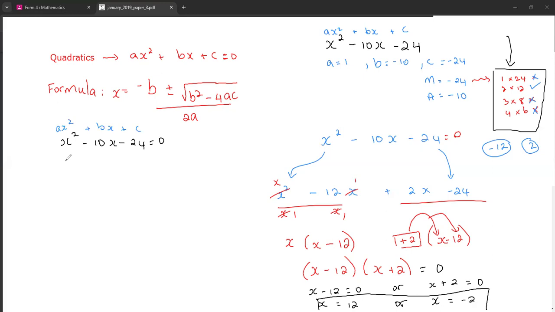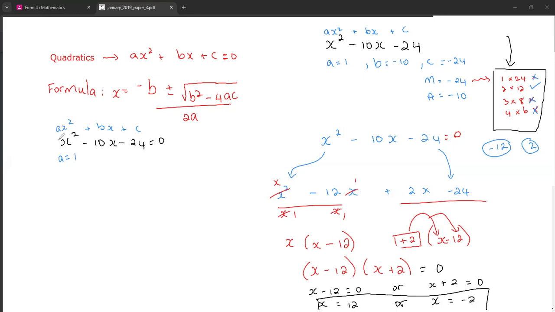And then you pull out your a. A is the number in front of your squared variable. Remember, it doesn't have to be x. It could be any letter. It could be p, it could be r, it could be y. So the number in front of the squared variable, that's your a.